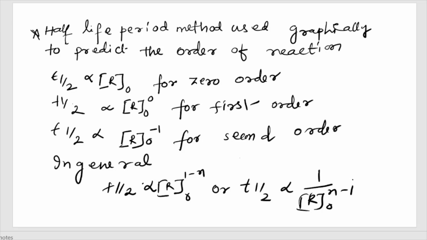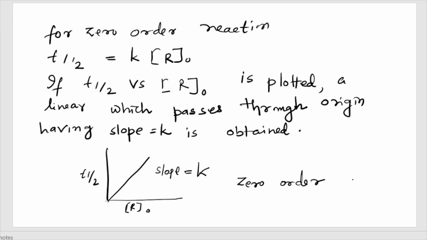Okay, then you will see the graphs. For zero order, according to the equation, you can draw the graph. T half equals the initial concentration of the reactant, so T half versus initial concentration is plotted as a linear, straight line which passes through the origin.